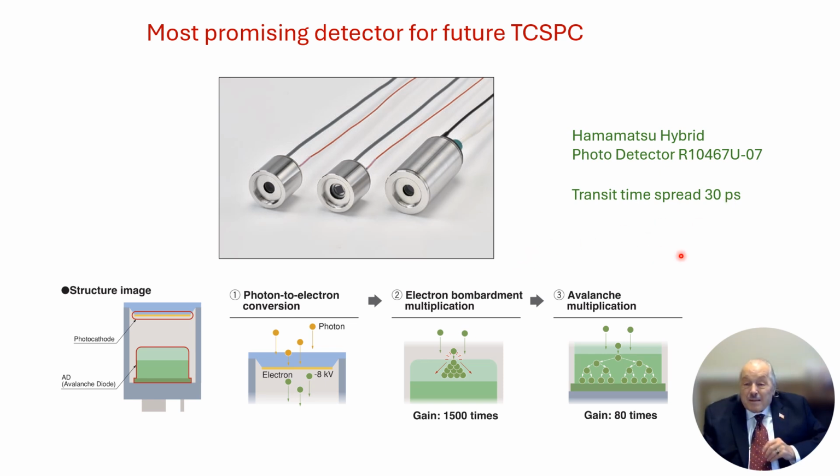The important thing about them, as opposed to that big lumpy decay I had due to the ringing in the phototube, is that these have what are called transit time spread around 30 picoseconds. They don't look like they're going to be expensive to make. So I think the time-resolved instrumentation is going to get even simpler to use.